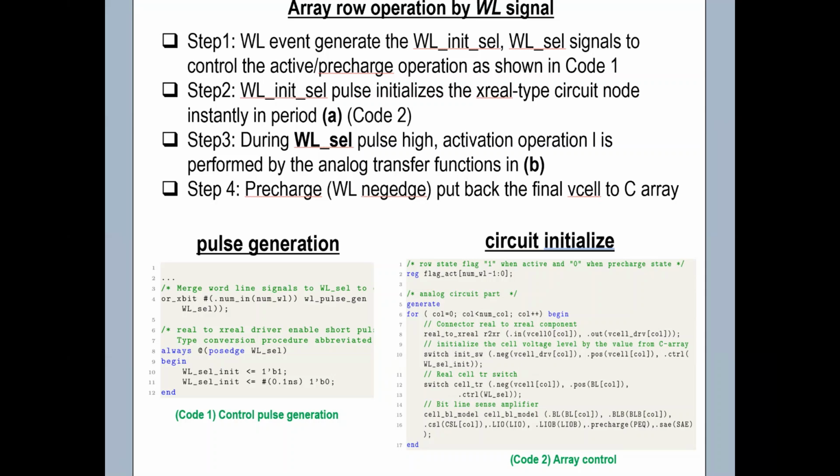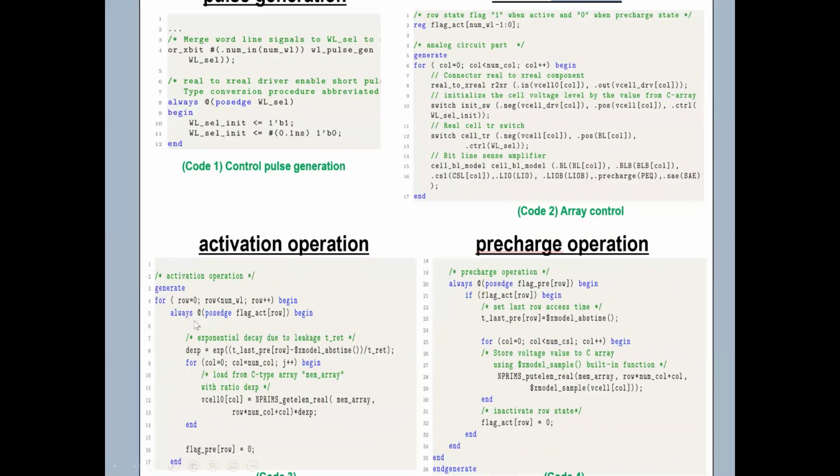While the word line cell pulse is high, the activation operation is performed. The always module for every row can monitor the change of the word line by the flag act register. Using DPI functions, we can load C array data into SystemVerilog variables.